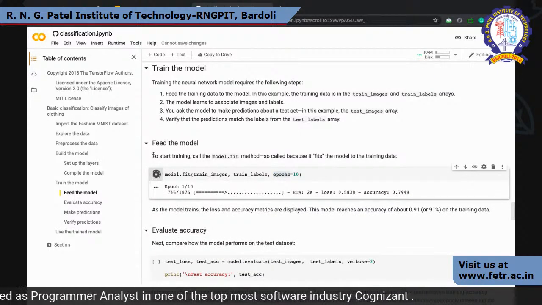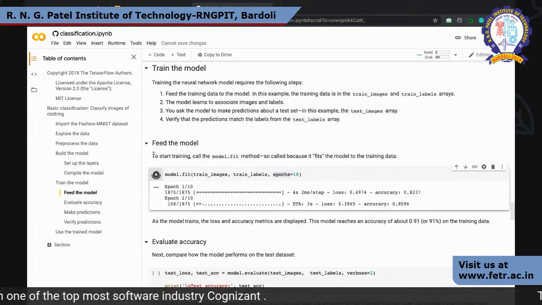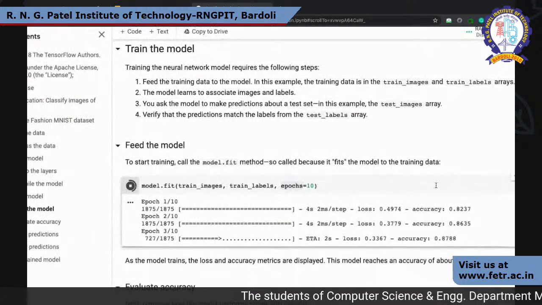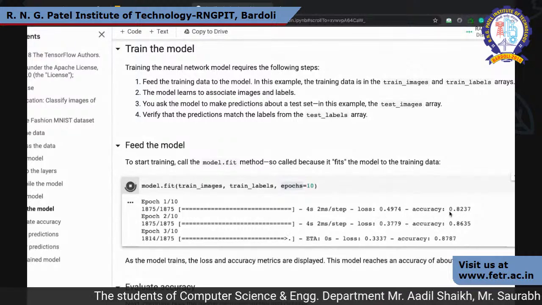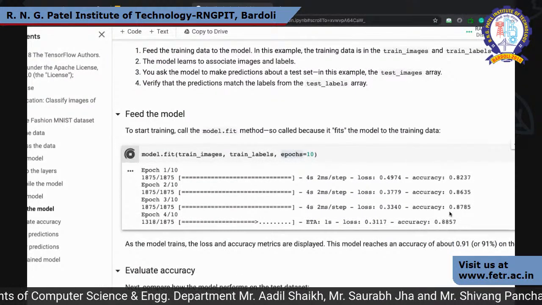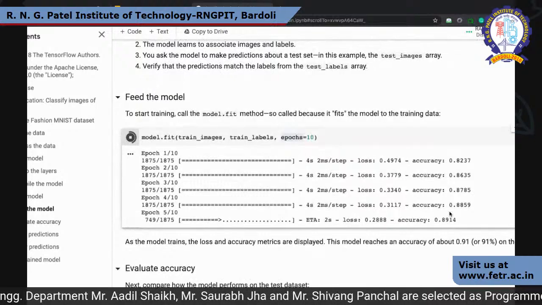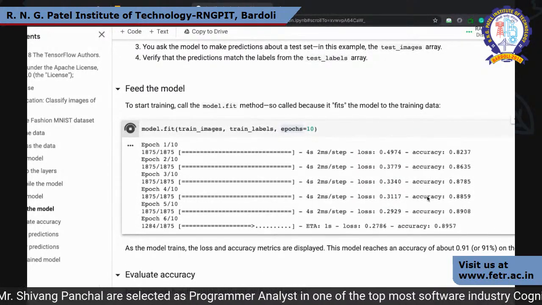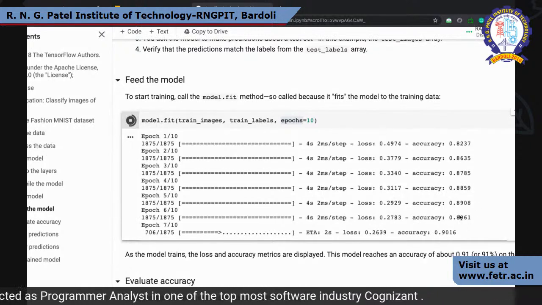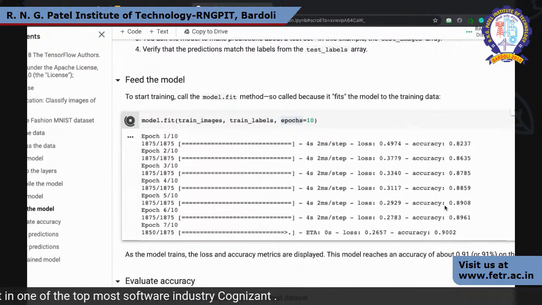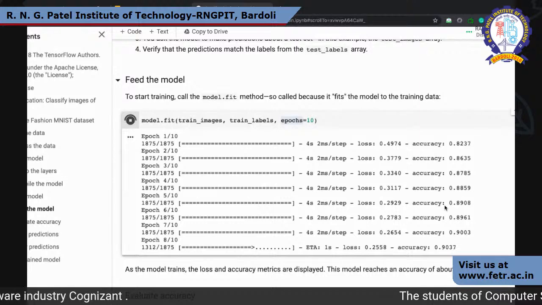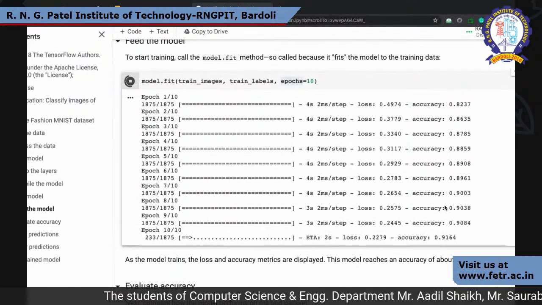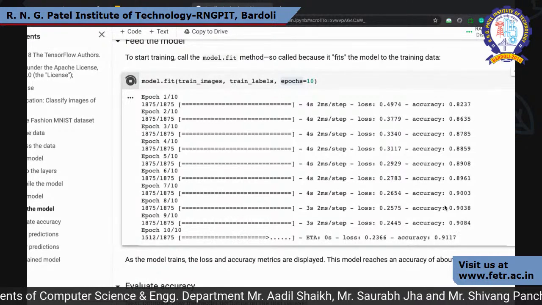As you can see, with each and every epoch the loss is decreasing and accuracy is increasing, and we can visualize the decrease in the loss and increase in the accuracy as well, right? Let's complete it, and you can see higher accuracy with each epoch.